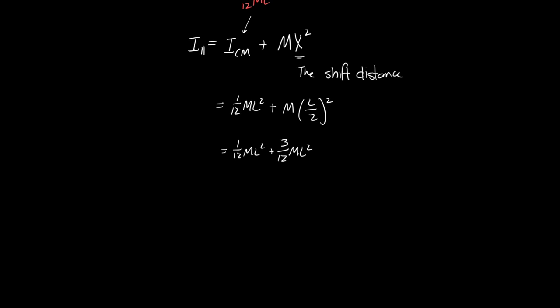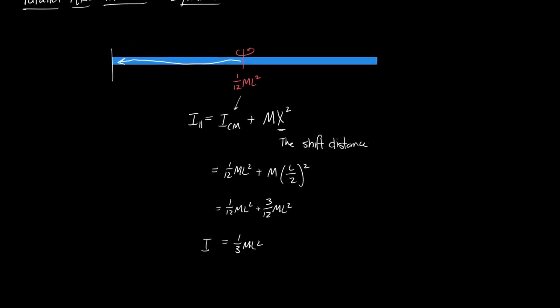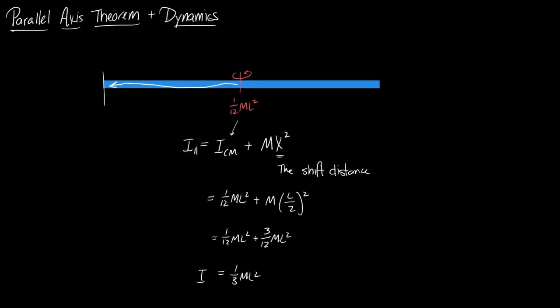And then I have 3/12 plus 1/12 is 4/12, which is 1/3. I mean, we kind of knew that was coming, but it's the parallel axis theorem. It's how it works. It's relatively straightforward and not particularly difficult to deal with.